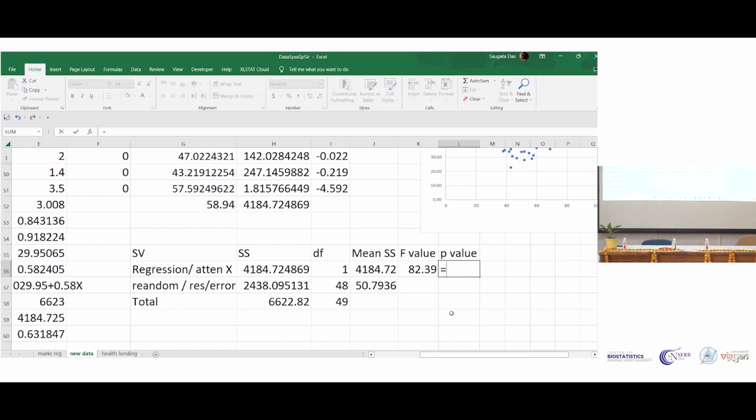Is equals to F dist. In ours it is only asking x, df1, df2. Okay. Your more advanced one would be MS Office. Yes, check in the dot version. df1 is 1, so I clicked here, it will read. df2 is 48, I clicked here, it will read.